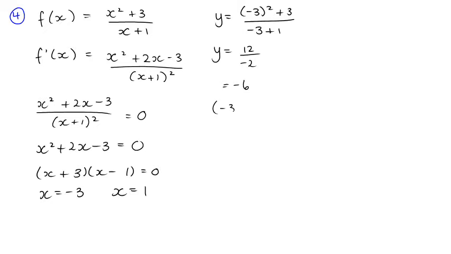So we've got the point negative 3, negative 6. And we've also got 1 squared plus 3 over 1 plus 1, which is 4 over 2, which is 2. So we've got 1, 2. Now, you need to test if they're local max, local min, or stationary point of inflection.